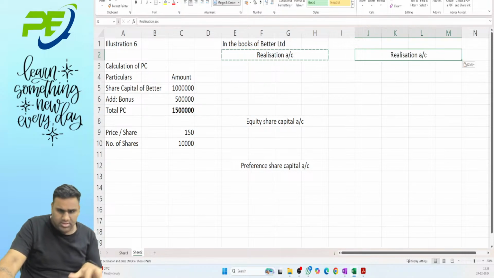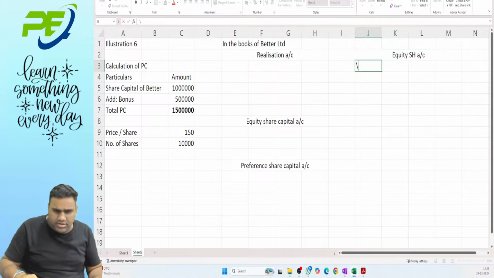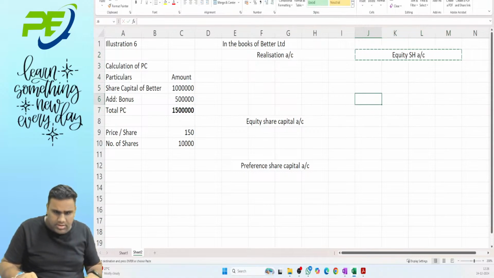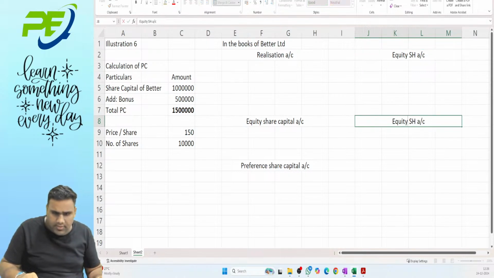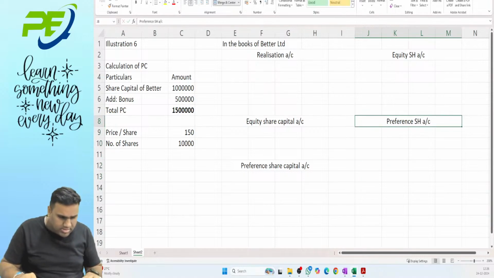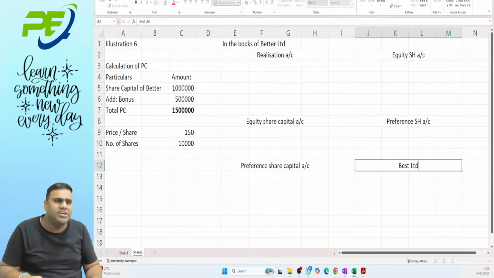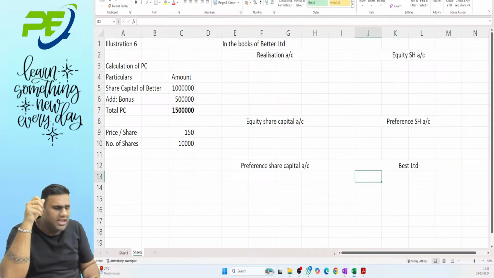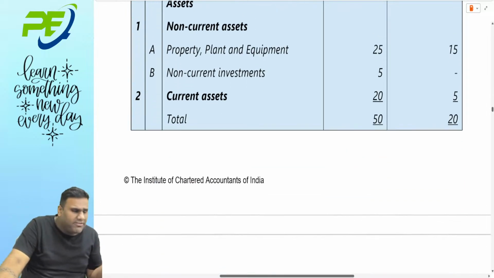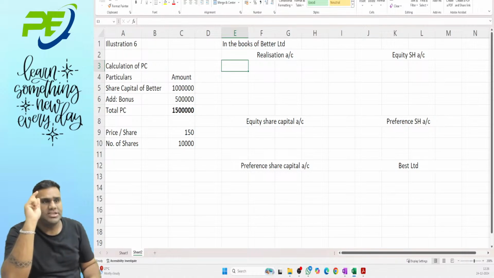Then equity shareholder account, preference shareholder account, and Best Limited. We prepared cash account because the purchasing company did not take it. In this question, they did not even give the breakup of current assets, so cash account is not required.